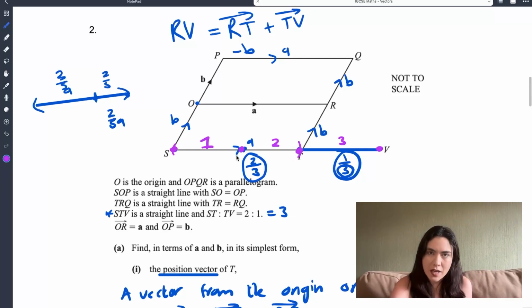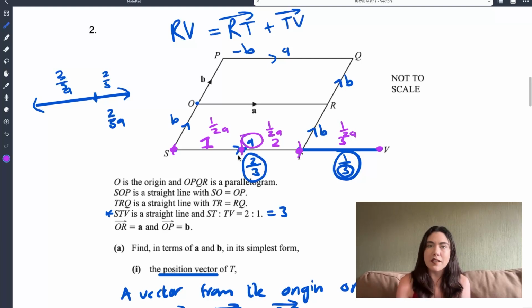If a represents 2 of the parts, then one part would be a half of a, because if we add those 2 parts together, we get a.